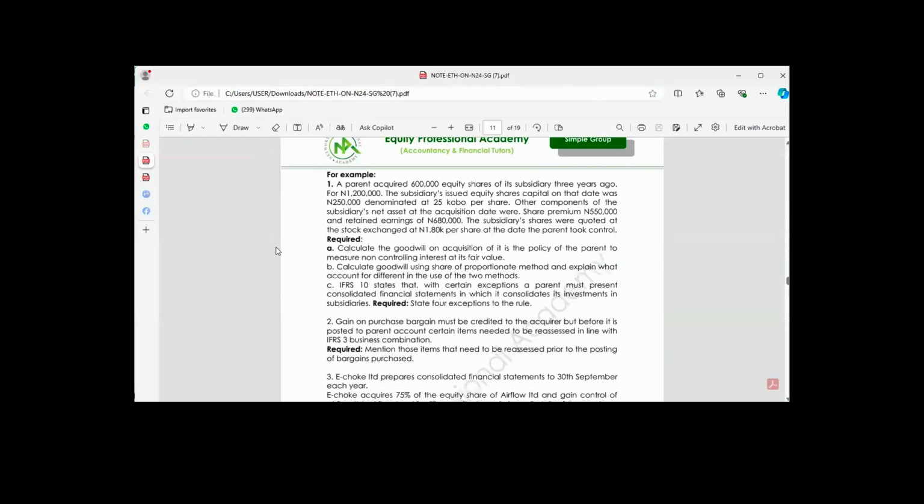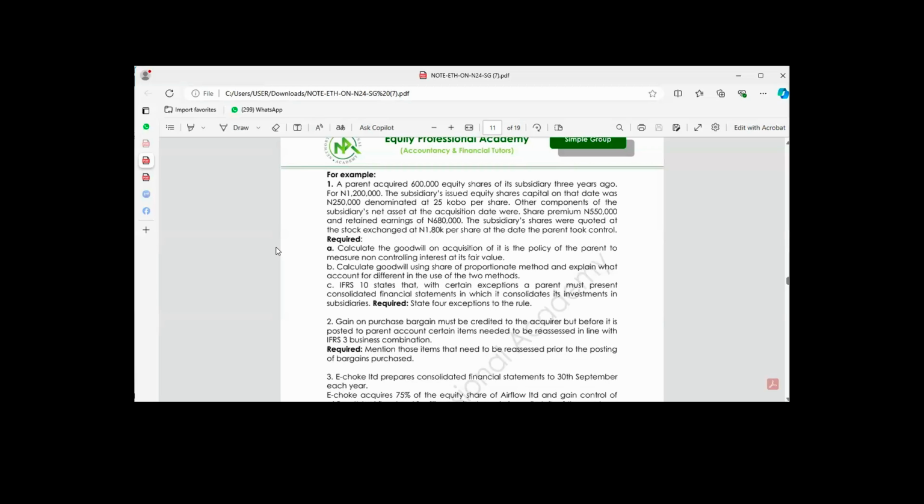A parent acquired 600 equity shares of a subsidiary 3 years ago for 1.2 million. The subsidiary's issued share capital on that day was 250,000.